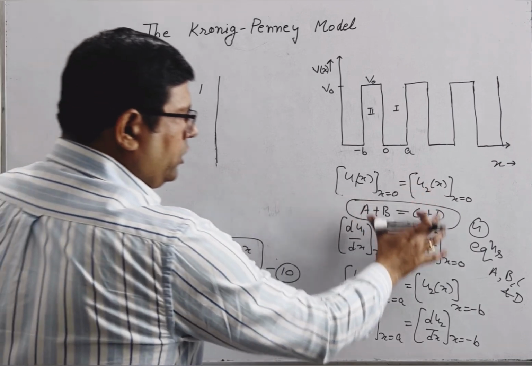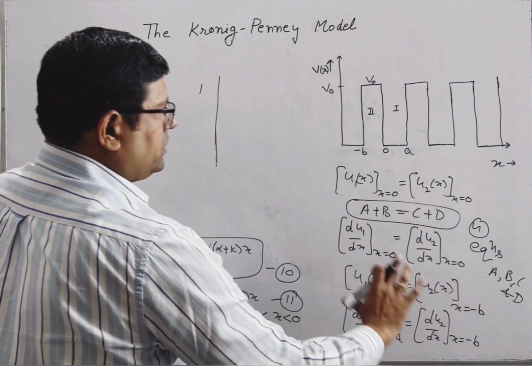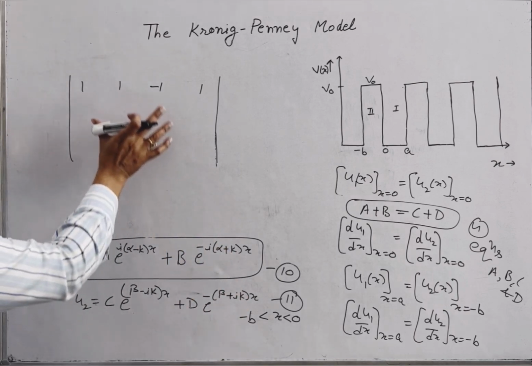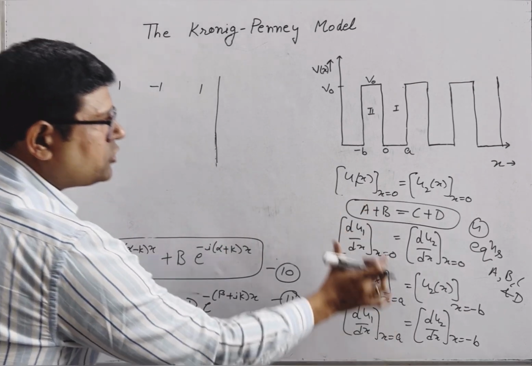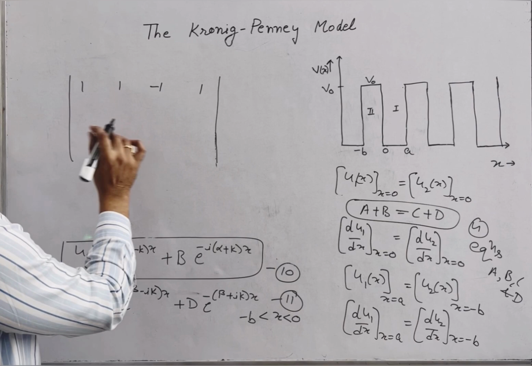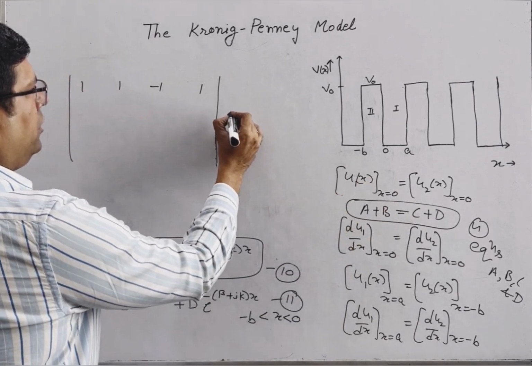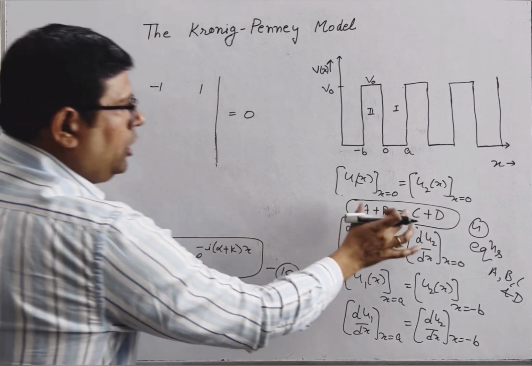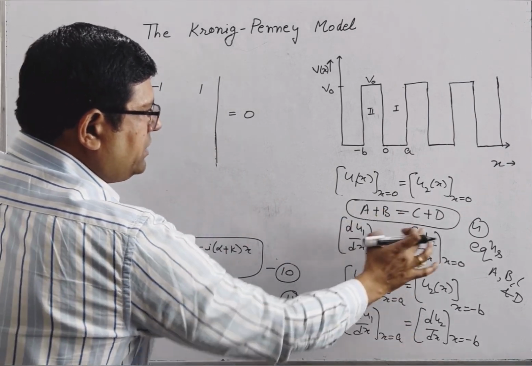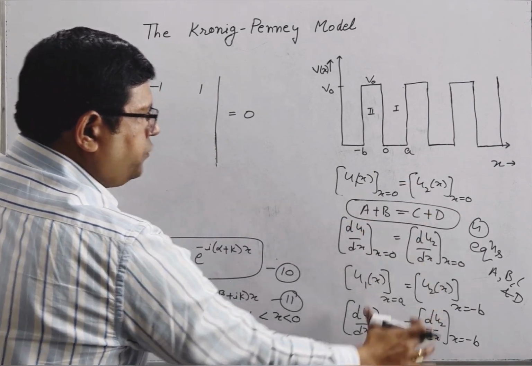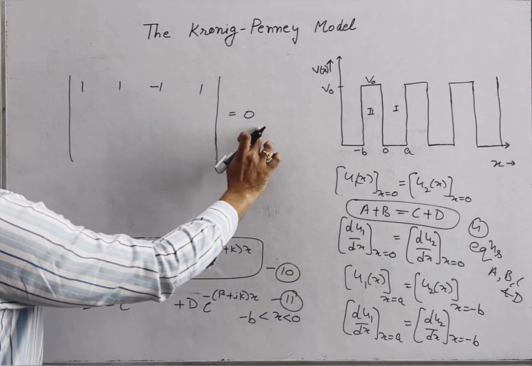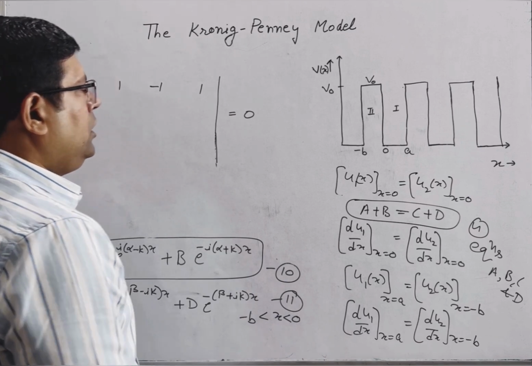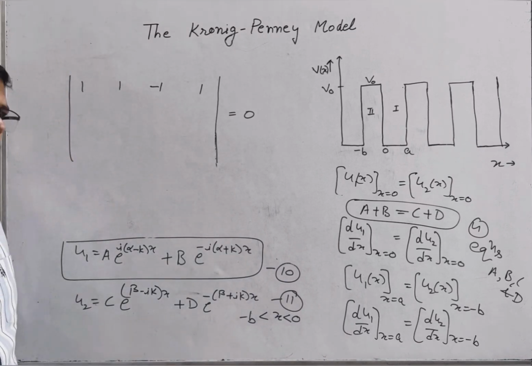These four equations will have a non-vanishing solution only if the determinant made from the coefficients of A, B, C, D vanishes.